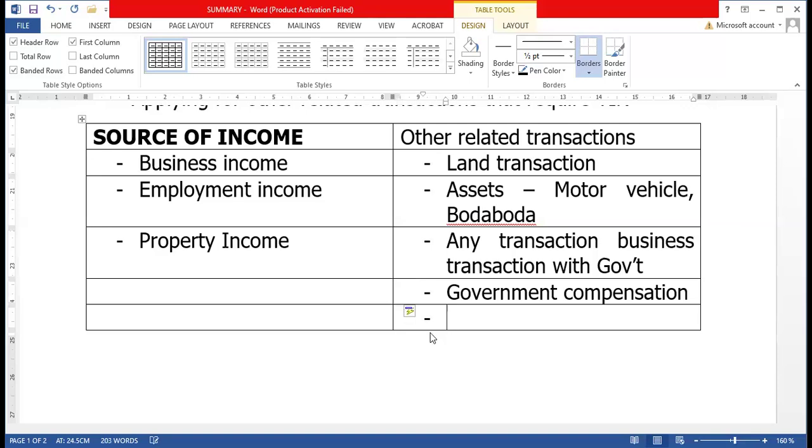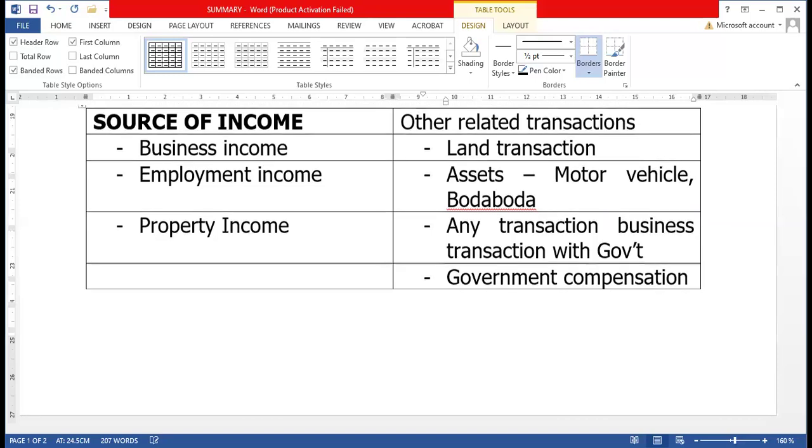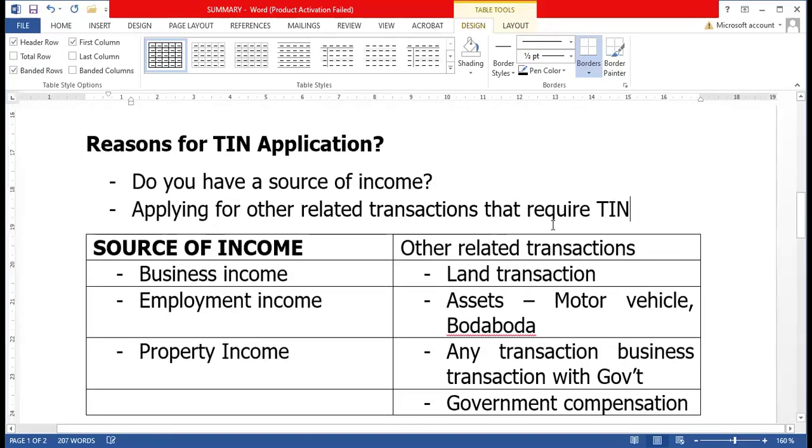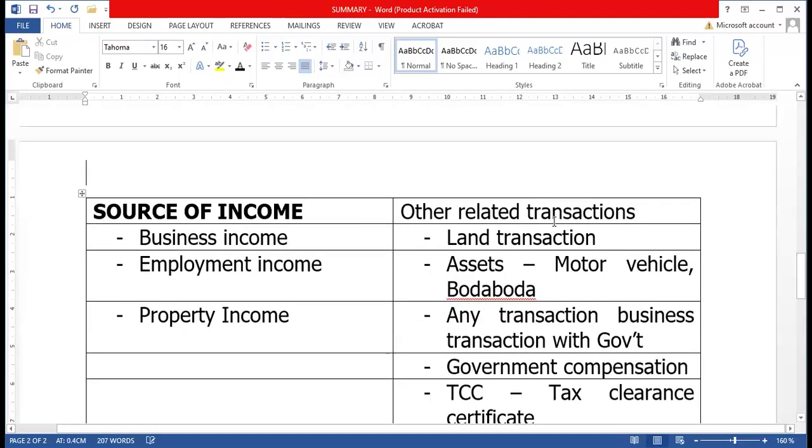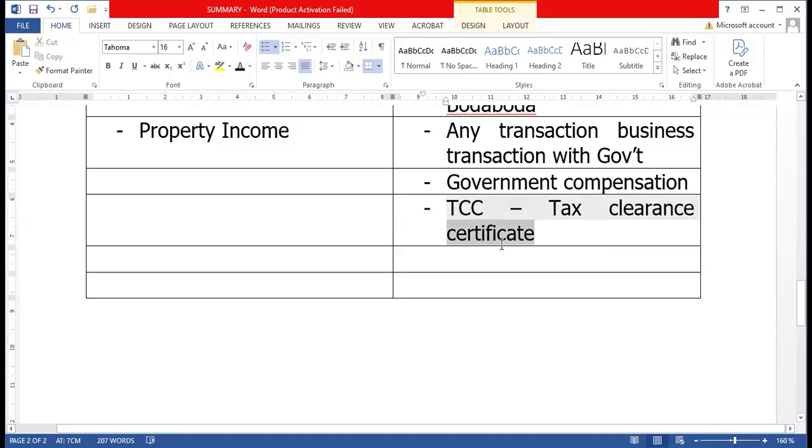It could be a scenario where you need a tax clearance certificate. Maybe you're bidding and you will need a tax clearance certificate, and you cannot get one without, obviously, a TIN. It could be any other reason.